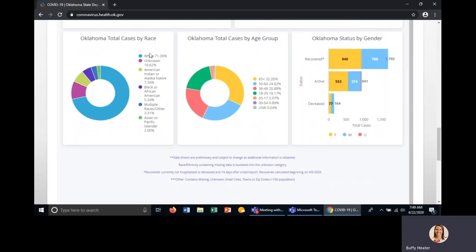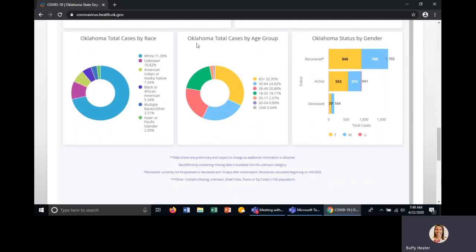Please note that under races, we do have, as of today, 10.62% that are unknown. Those unknown figures are usually due to a patient that does not choose to reveal their race, or for whatever the circumstances surrounding that case are, perhaps that information was not able to be obtained by the health department.